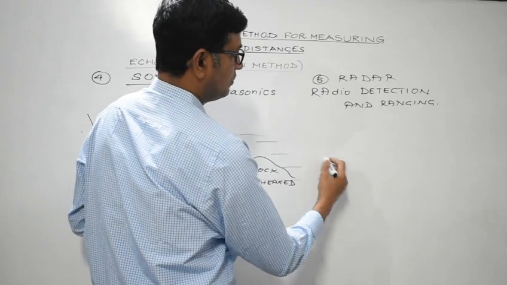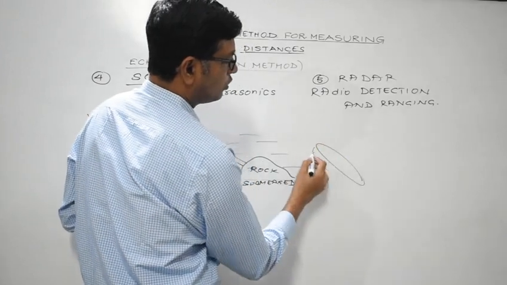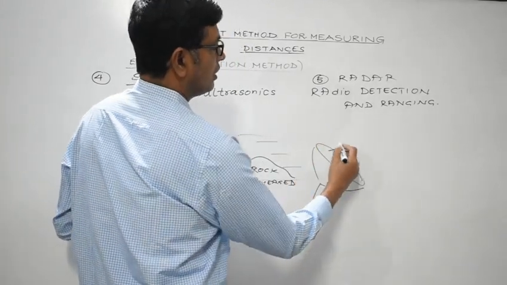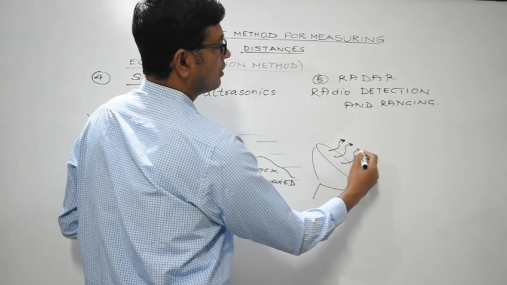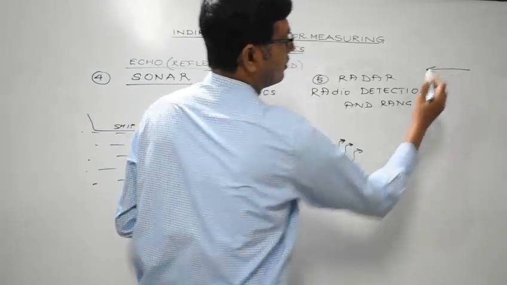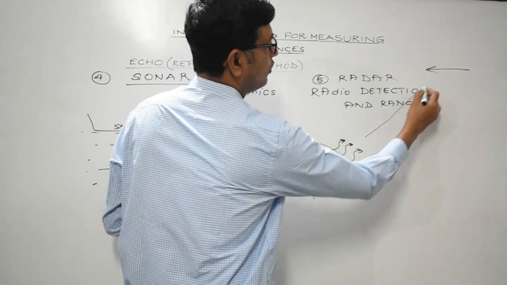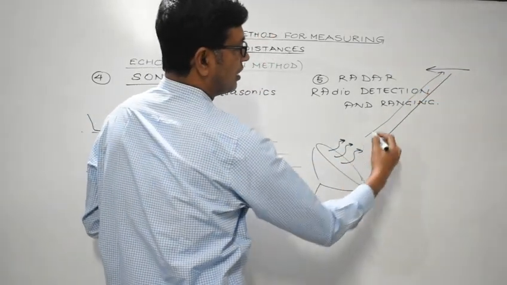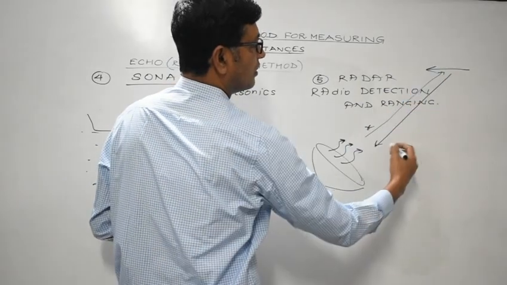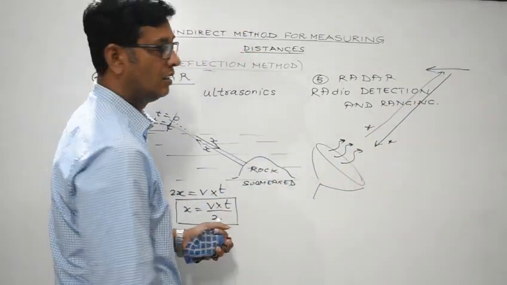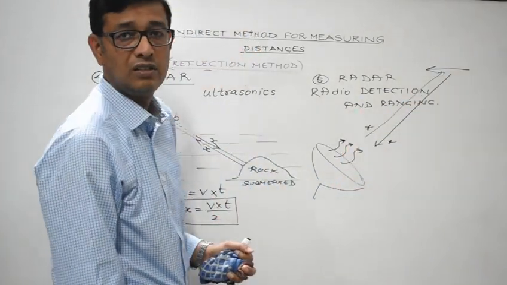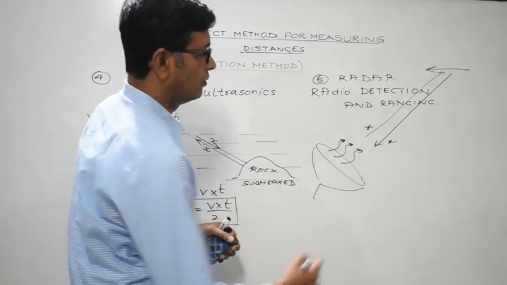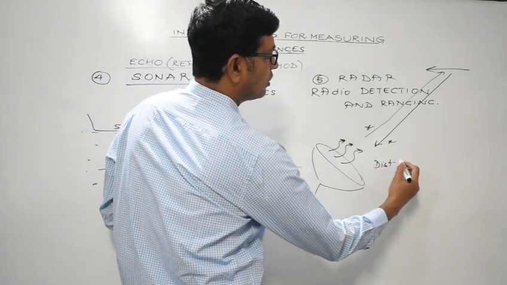Suppose this is a radar. It is emitting radio waves and this is an intruding aircraft. So when the radio wave gets reflected from this intruding aircraft, suppose the distance of that aircraft at that instant is x. So again, using the same formula, distance is equal to speed into time. This is the formula which we are using.